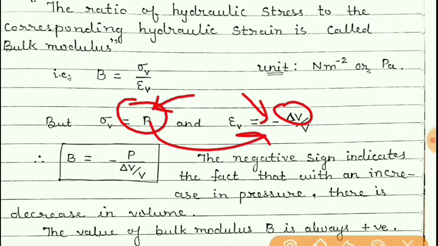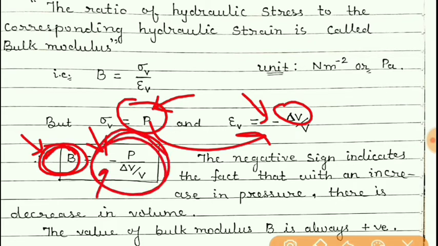And to keep this B, that is bulk modulus, positive, because bulk modulus is always positive, we have to put a negative sign here. So this negative sign makes this value positive.